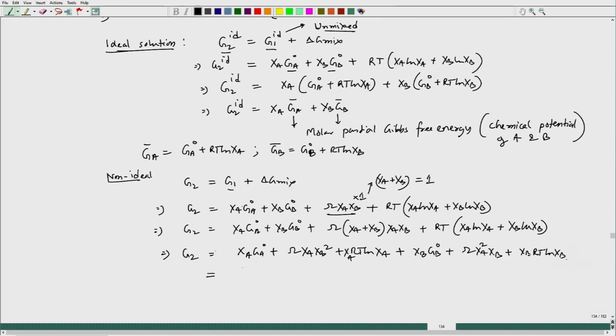So this becomes XA (GA naught plus omega XB squared plus RT ln XA) plus XB (GB naught plus omega XA squared plus RT ln XB).